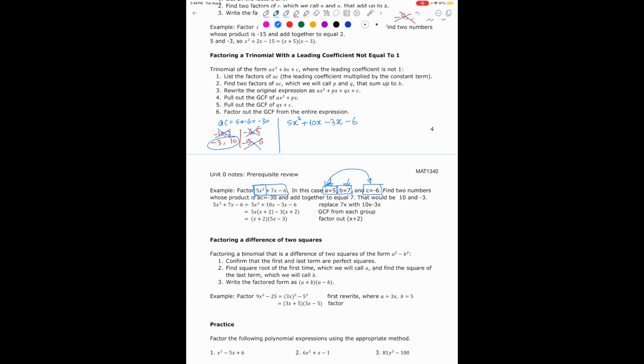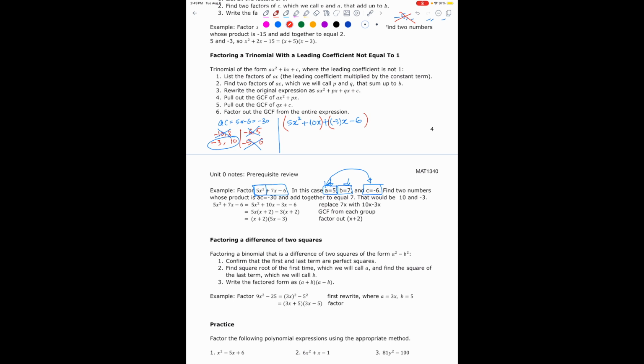Let me just make sure that I am clear here. So let me actually erase this. And I will say, okay, plus negative 3x minus 6, this way. I'm going to regroup now. So I will take the first two terms together and the second two terms together.